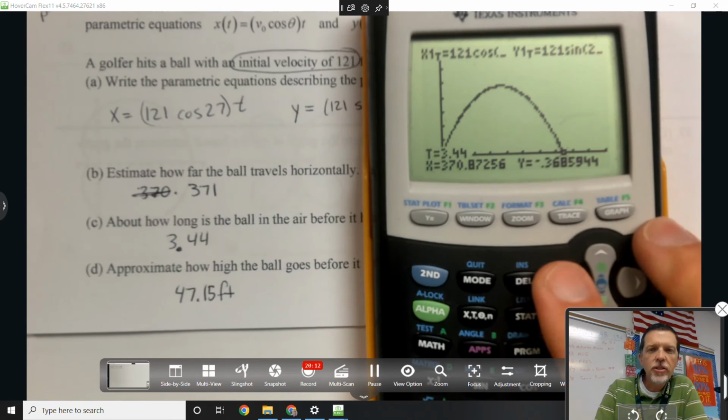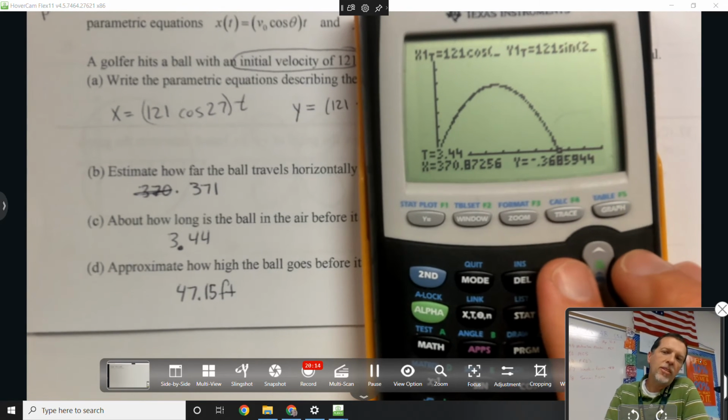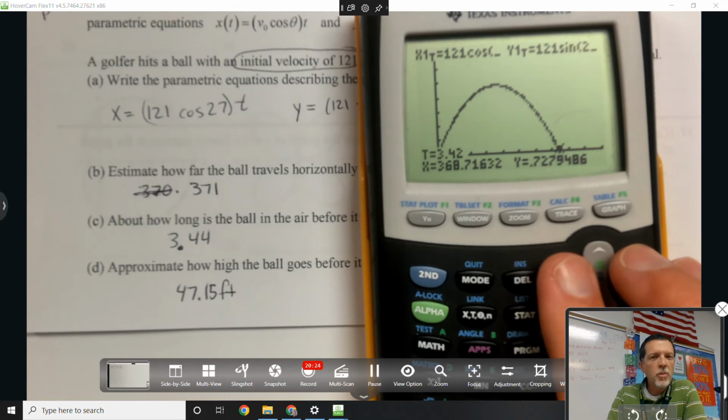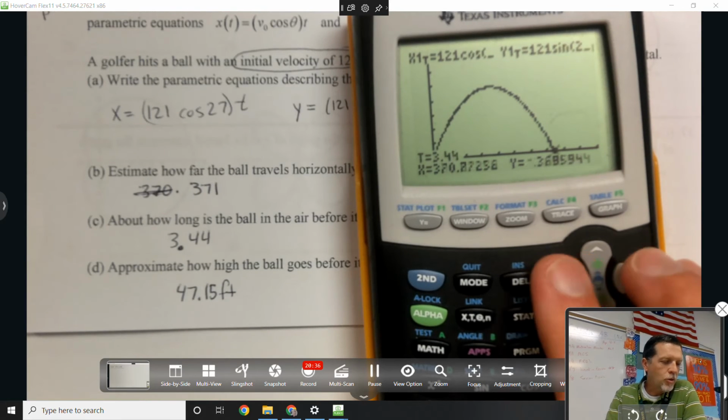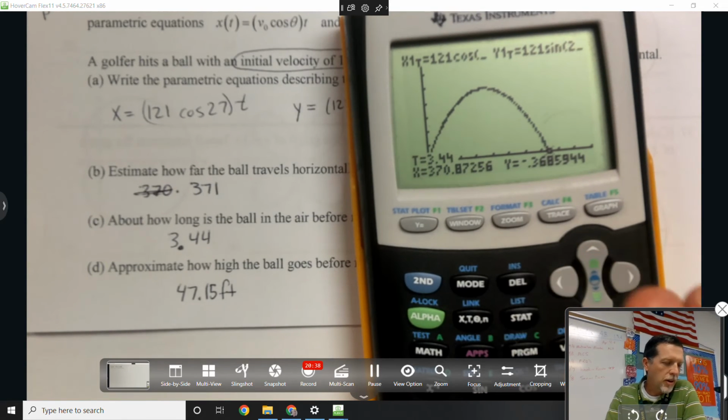And would time be a little less than 3.44 or a little more than 3.44, based on where that cursor is right now? Should be a little less, but it's more than 3.42, and it's closer to 3.44, so hopefully the time step on my answer choices is good enough where I don't have to zoom in and play around with that.